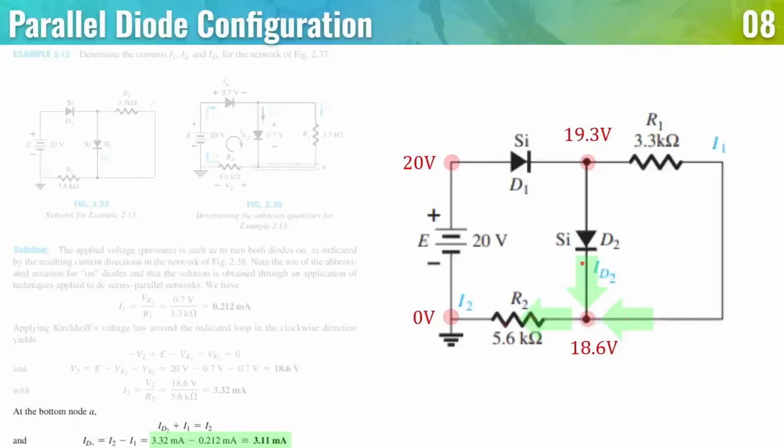Correct me if I'm wrong. We have to use these arrows. So it's going to be ID is equal to I2 minus I1. So it's going to be 3.32 milliamperes minus 0.212 milliamperes. So it yields 3.11 milliamperes. So that means the current flowing across the diode is 3.11 milliamperes.